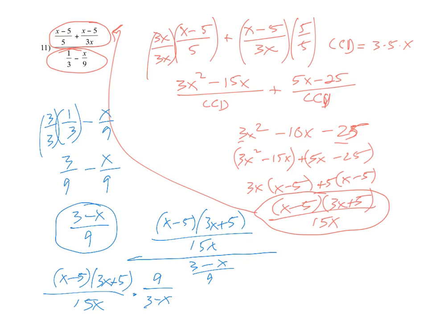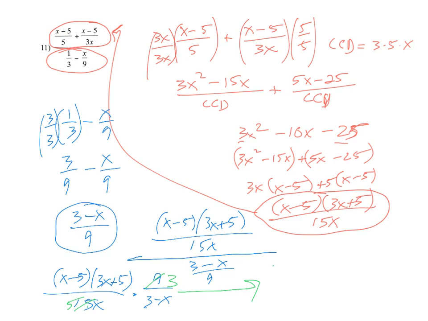The only thing we can really cancel here is 9 and 15 both have a common factor of 3. So we can factor that out, and we're going to get 3 fifths. And then our final answer would be this.